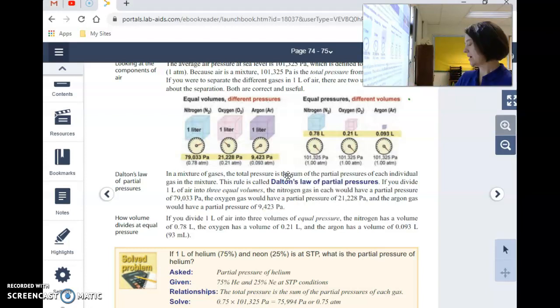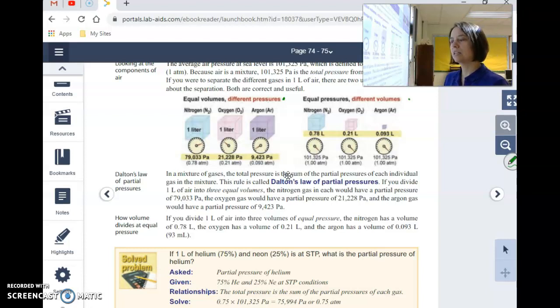What happens if I flipped it? If I said, well, I want them to all take up the same volume, then they can't have the same pressure. So one or the other has to change. If 78% of that mixture is nitrogen, and I give it a liter, it's going to have less pressure than all of the air in a liter.